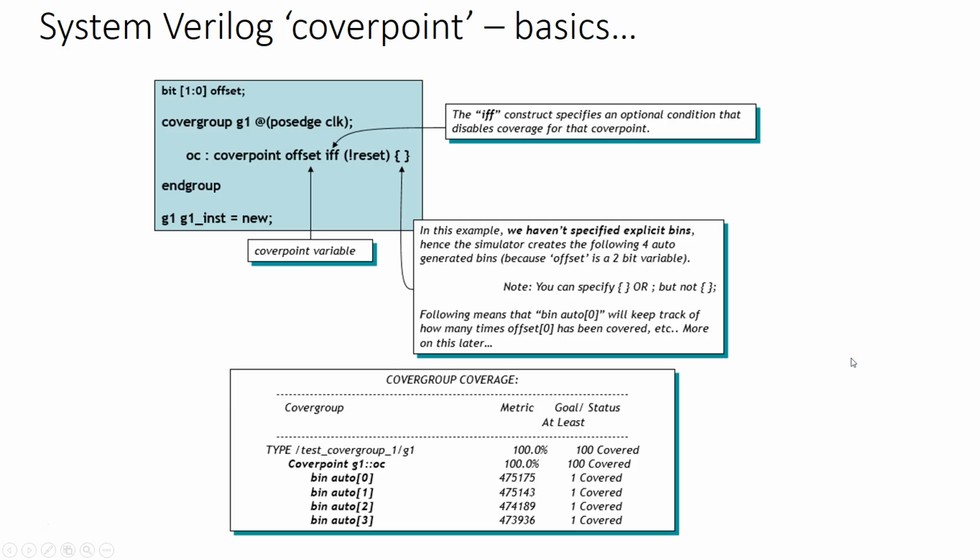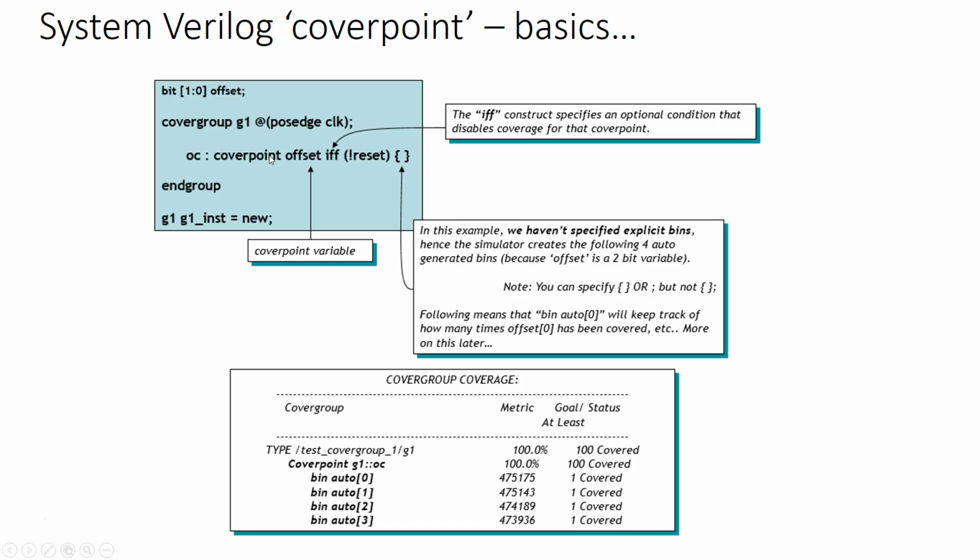Let's continue with the same covergroup, and I'm only showing one variable, offset. The covergroup has been defined here, and here's the coverpoint, offset, and you can provide a condition saying that if and only if reset is not asserted, this coverpoint should be evaluated to see if it has been covered, which makes sense because during the reset we are really not doing anything.